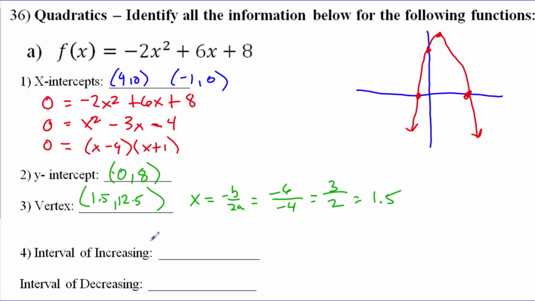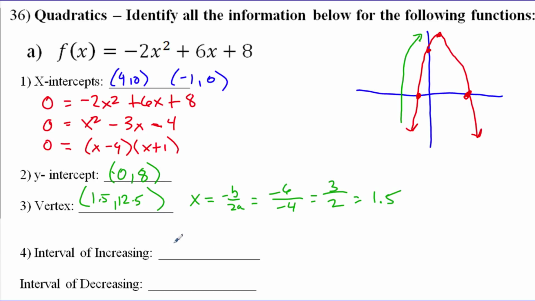So when they ask about the interval of increasing, I'm going to say that this graph is increasing on the left-hand side, right? It's kind of going up here until it hits the vertex. So when we're describing intervals, we're describing the x values on which it's increasing.